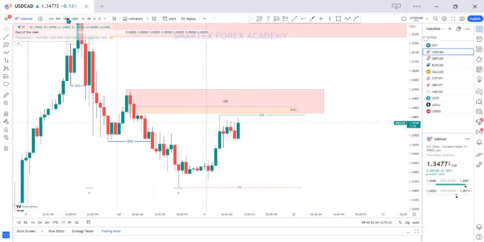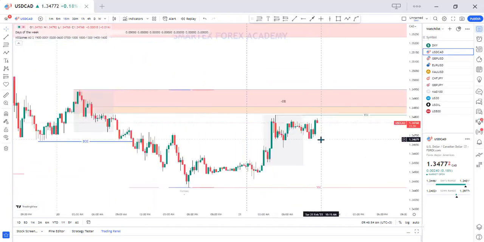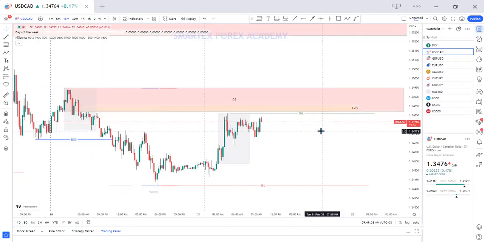Okay, if we check in M15, in that H1 up to this, there is a fair value gap from this to this one, the one which is marked. So I'm expecting, if we refine this OB, to come here. So what am I expecting?